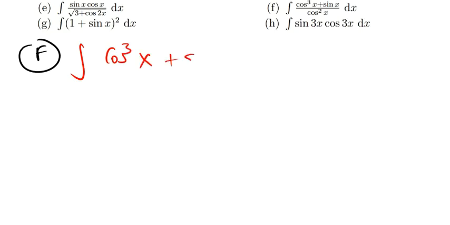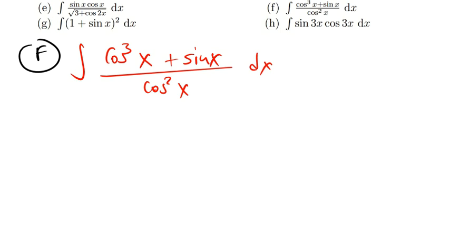So for f, what we have is the integral of cosine 3x plus sine of x, then divided by cosine squared of x dx. Okay, so I think this one is just go on.